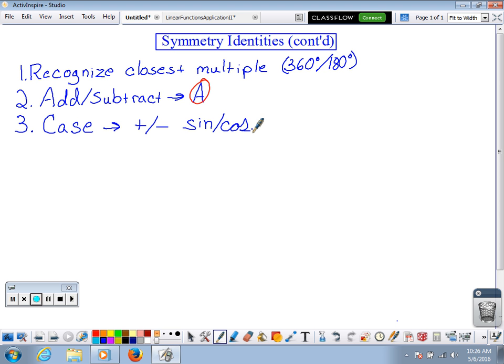Now, let's talk first about the multiples of 360 or 180 degrees. I'm not going to go with radian measure because we can recognize whether it's an even multiple of pi or an odd multiple of pi. I think we can handle that. But the multiples of 360 and the multiples of 180, we might not know.